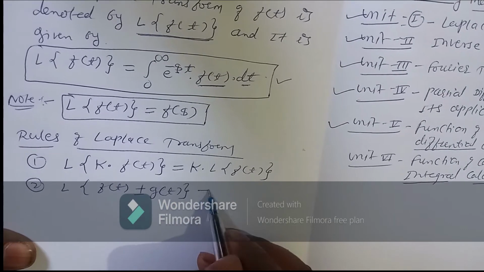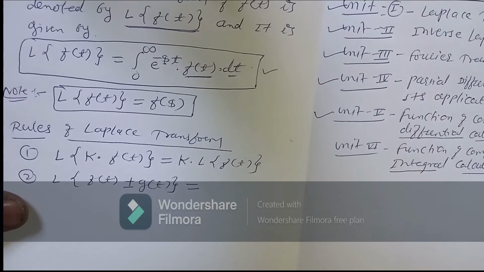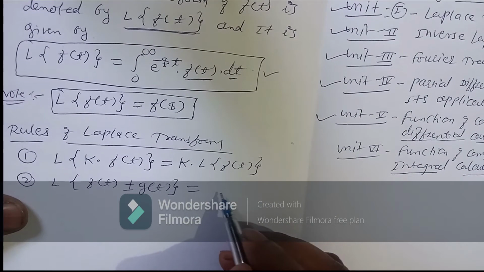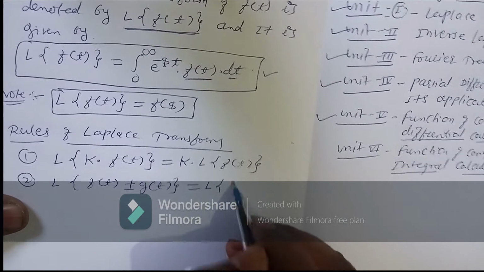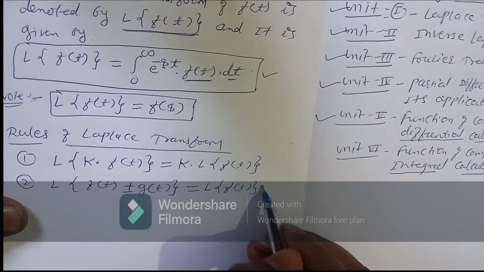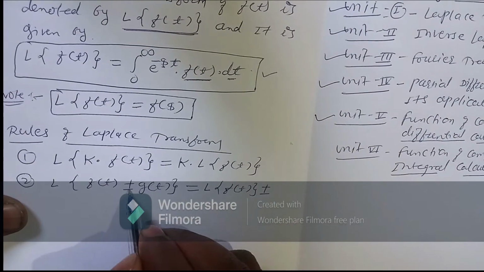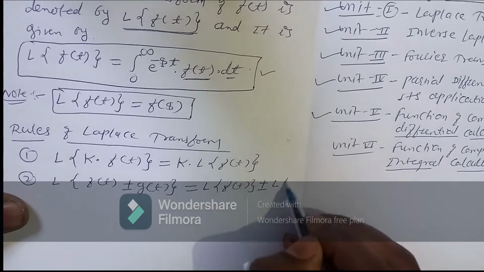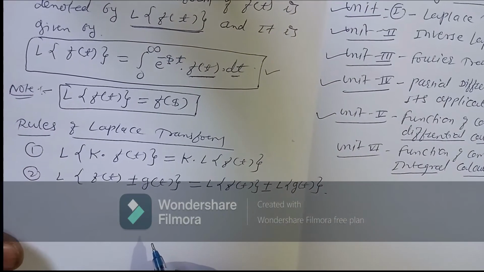That means if there are two or more functions in addition or subtraction, then we can take f of t and g of t separately. So Laplace transform of f of t is separate, plus or minus. If there is a plus sign we write plus, if there is a minus sign we write minus, and here we write Laplace transform of g of t. Okay, so in this way we can separate it.